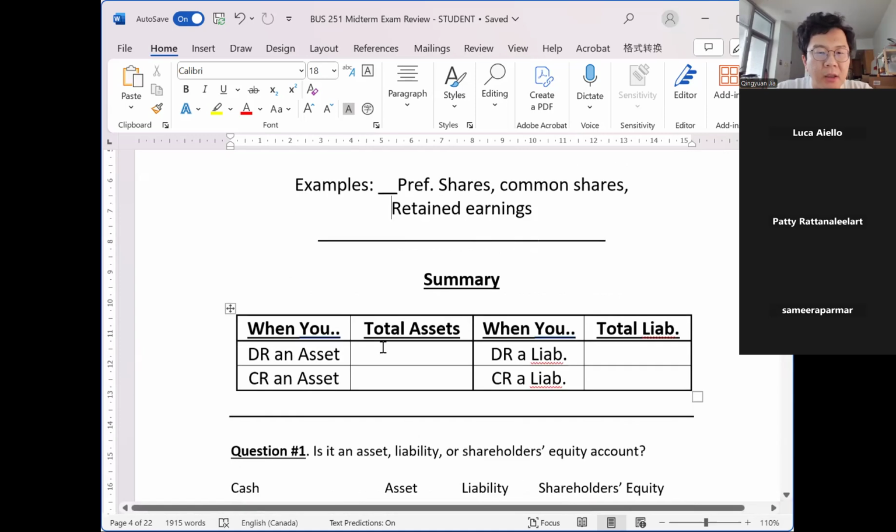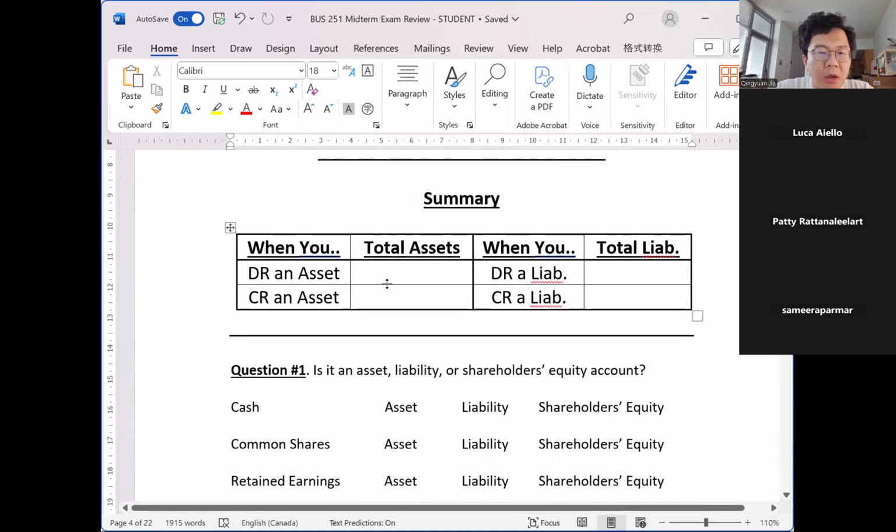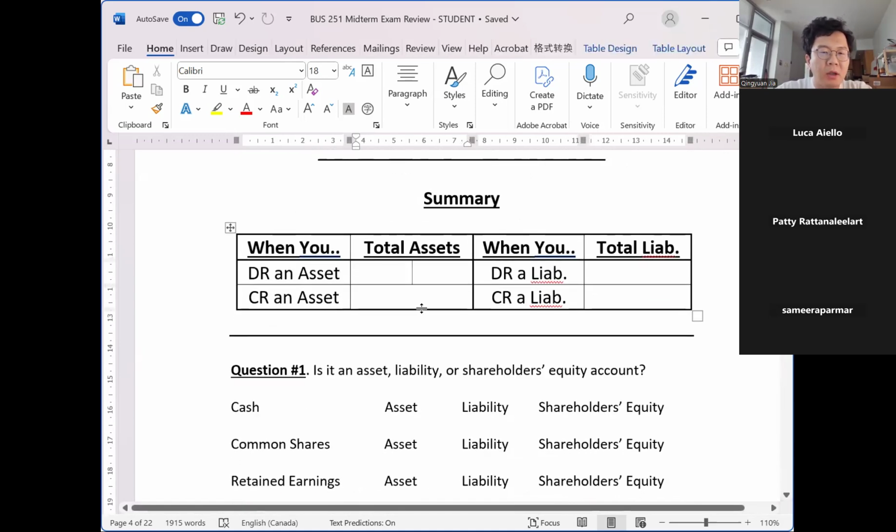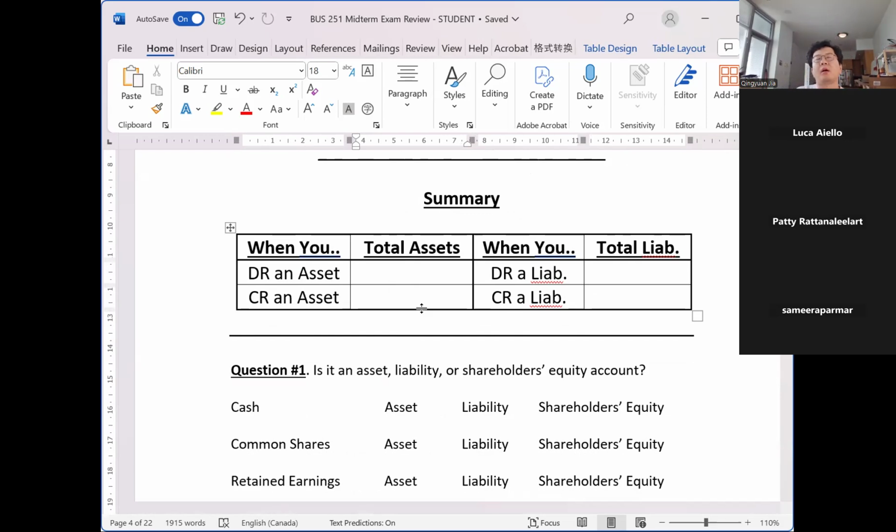And next thing, that's the moment when we use debit or credit. That's why we have to know the category of these accounts, right?